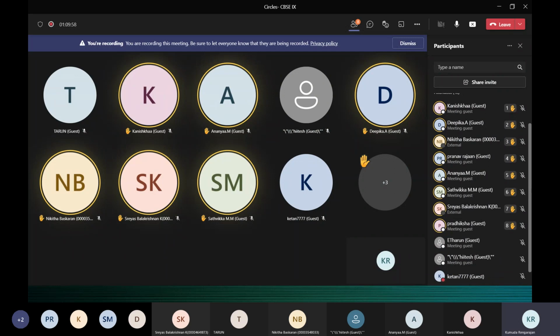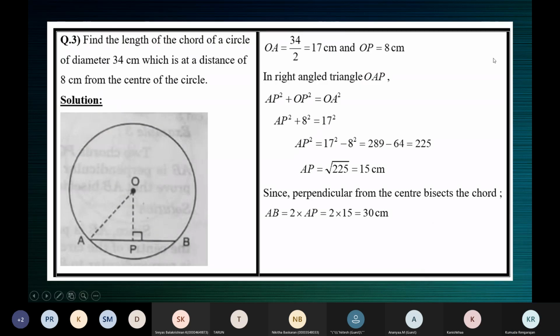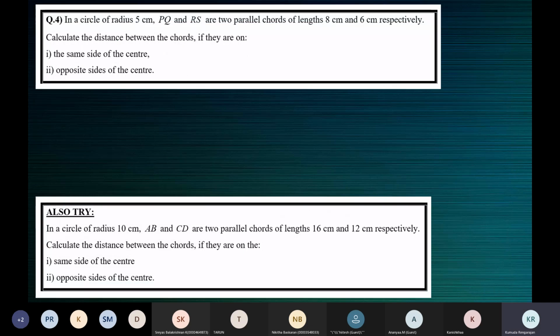Kanishka, Deepika, Nikita, Pranav, Ananya, Satvika, Shreyas, Pratiksha, Arab. Tarun, Ishwaran, Tarun and Hitesh. All right. What was the next one, children? Fourth one.